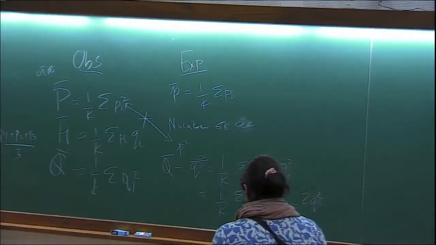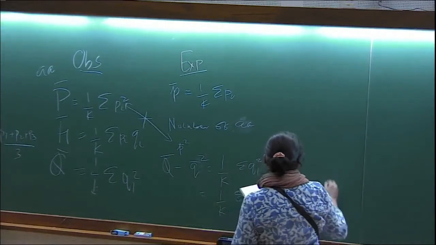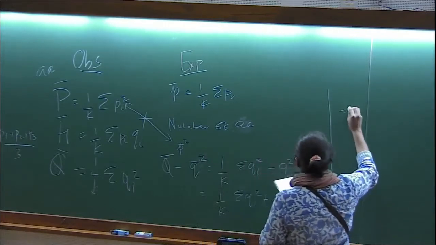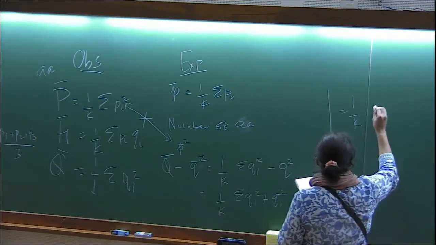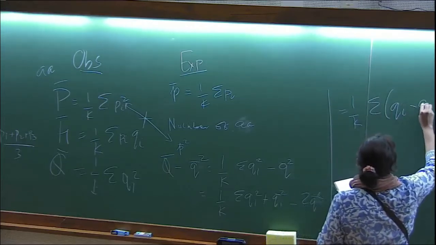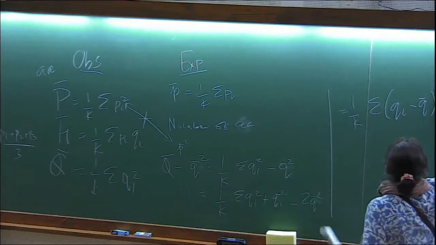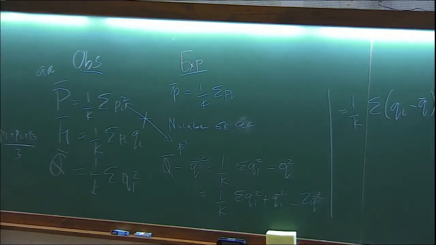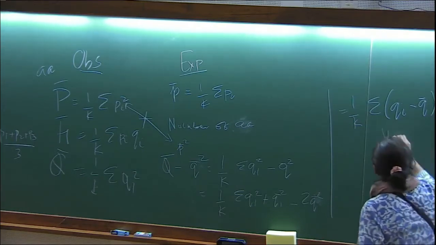That's the same thing. And then basically if you simplify this, again you can work it out, it ends up being sigma Qi minus Q bar whole squared by K. Does that look familiar to you? It's a variance.